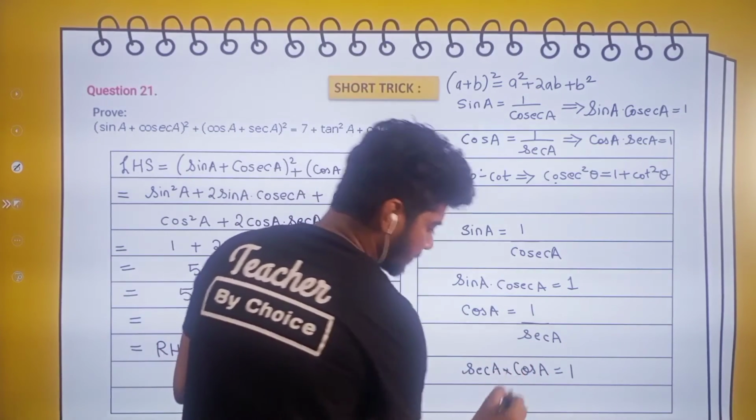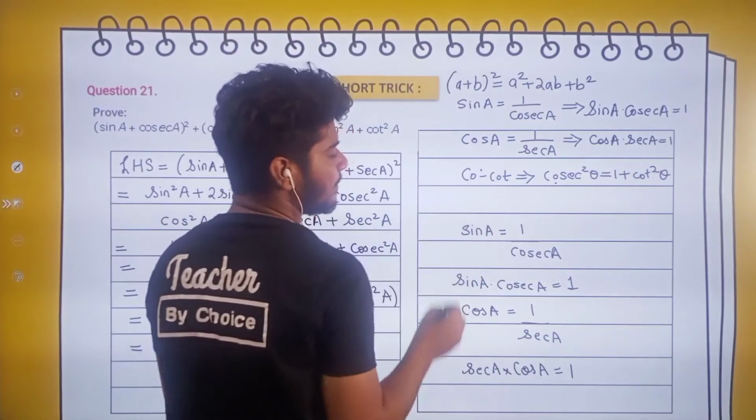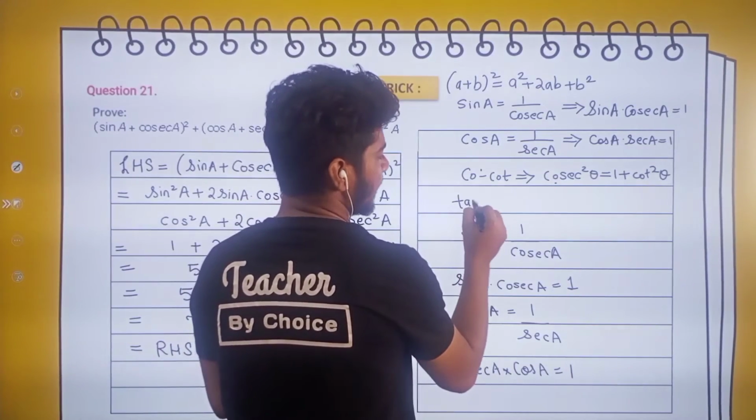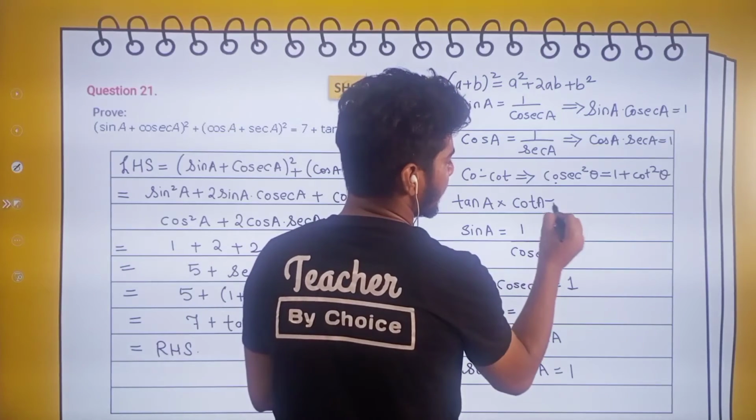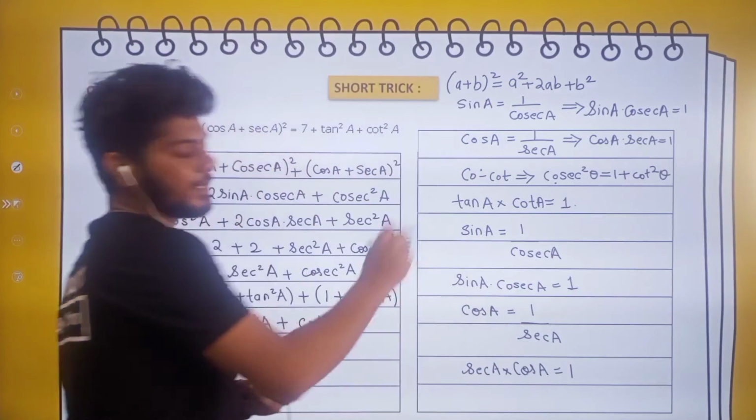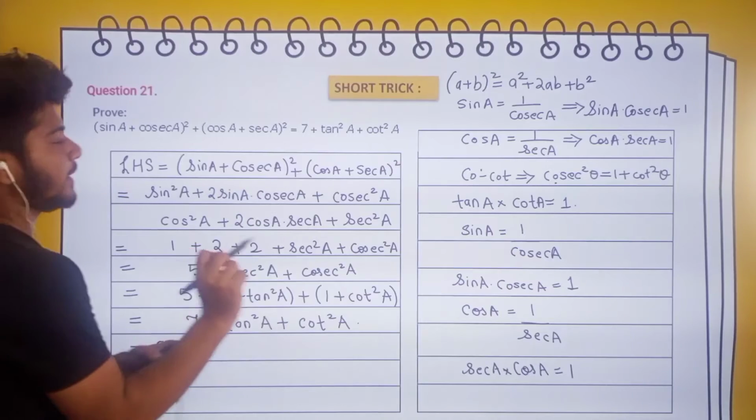Similarly, it is also true for tan. Tan A into cot A is also 1. Right? So these are the basic things which you should remember while solving the sum.